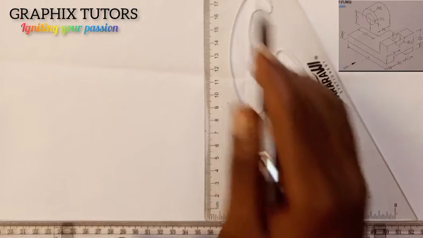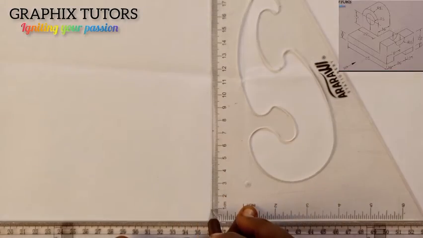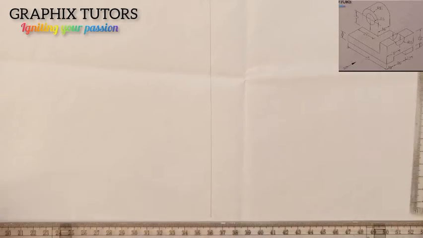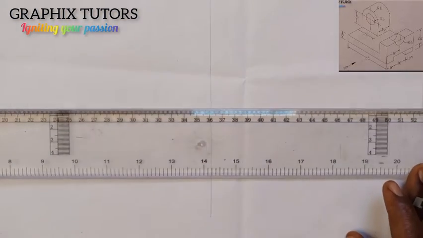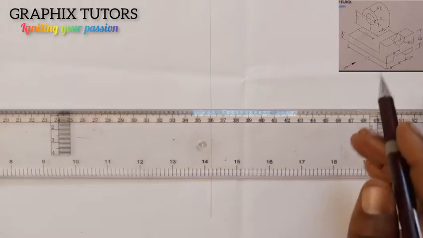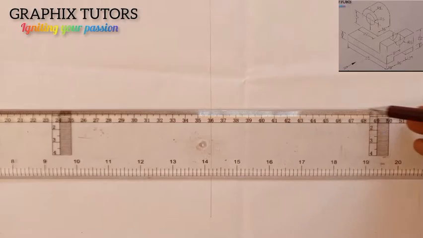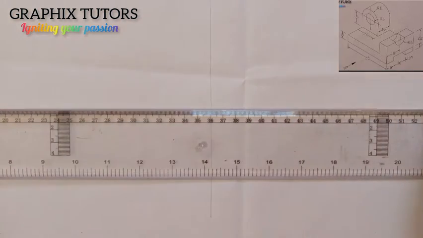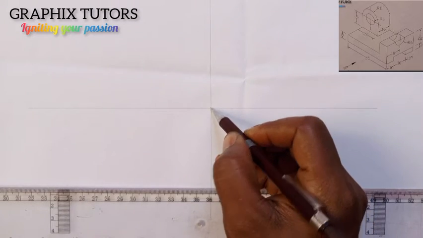Draw the y, right? And you move it to draw the x this way. You can see that? And they're meeting at this point.